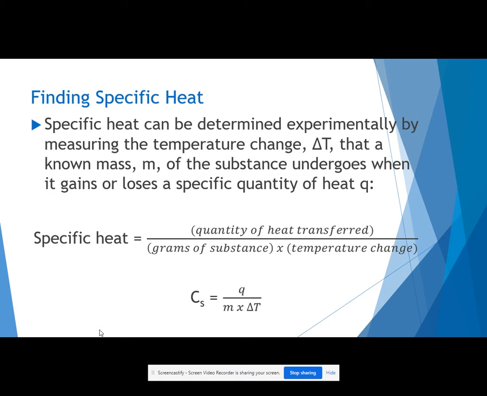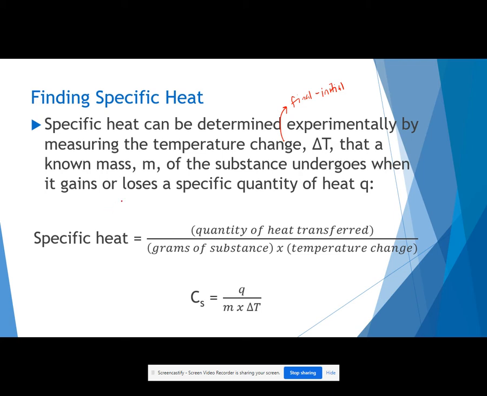experimentally by measuring a temperature change. Temperature change is denoted by the triangle, delta. So remember, whenever you have a temperature change, that is going to be your final minus your initial temperature. So you have to take what you ended with minus what you started with, and that gives you your temperature change. You can have a positive temperature change, or you can have a negative temperature change.